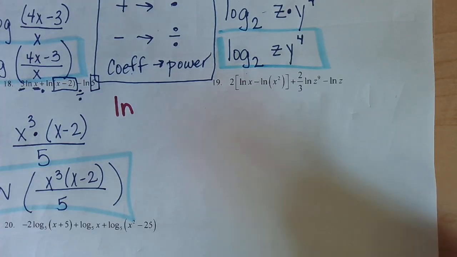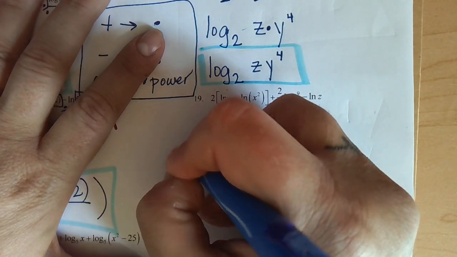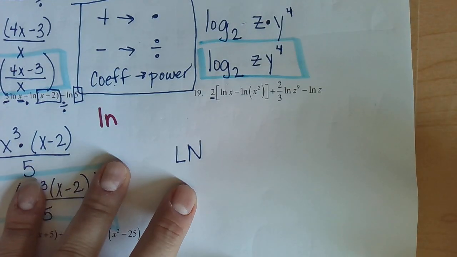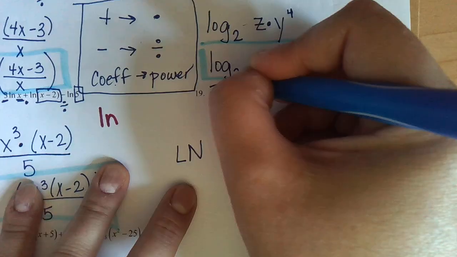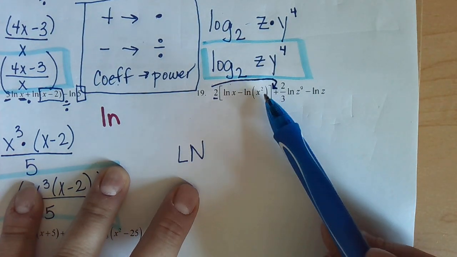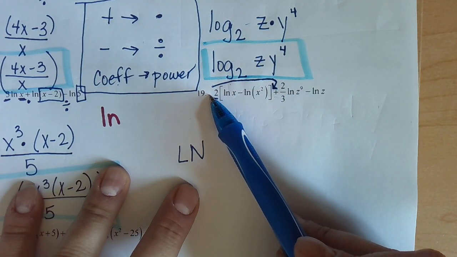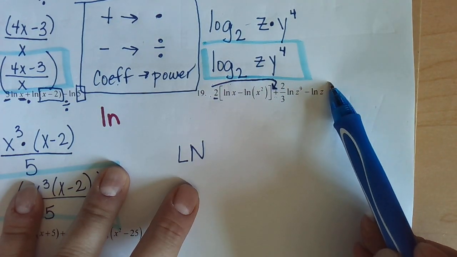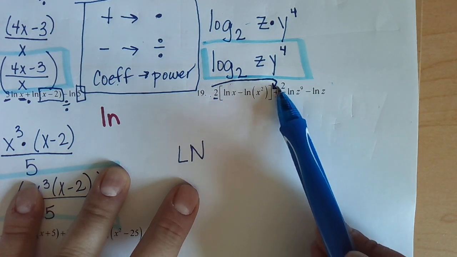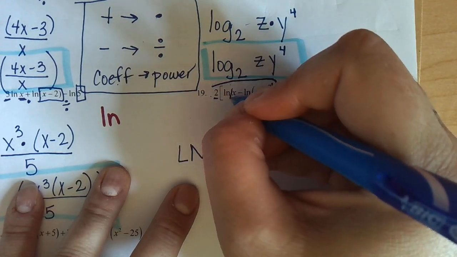Okay, looking at number 19. You're terrified, but it's okay. We have an ln. We got a 2 in front, so that means that 2 is going up here. This 2 does not go way over here to the z. It only goes to what it's attached to, so it stops at the bracket. So we're definitely going to have the ln of x.